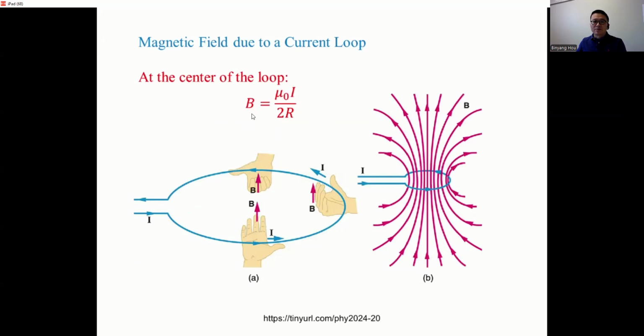But as the result, this is similar to a straight wire, except you do not have a pi in the denominator. So it's just mu naught I over 2r instead of 2 pi r, which is what it is for a straight wire. For a circular loop, this B field is at the center of the loop, okay? So right at the center of the circle it will be mu naught I divided by 2 times r, where r is the radius of the loop.